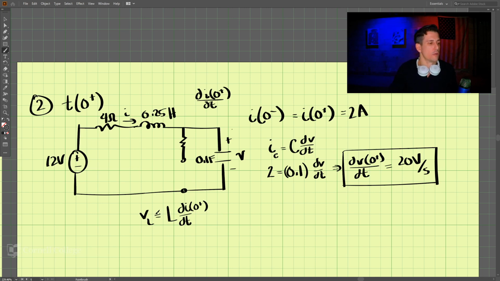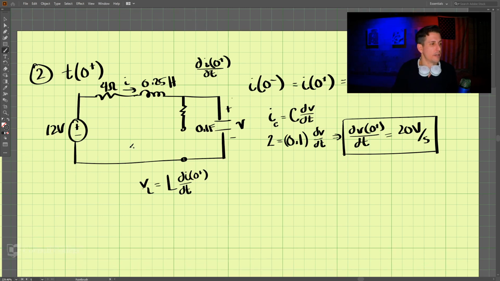Okay. So let's do a KVL around the outside. We'll start here, and that is negative 12. Negative 12 plus 4 times the current through here, and the current is I(0+) right now.